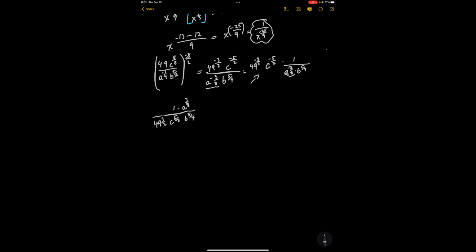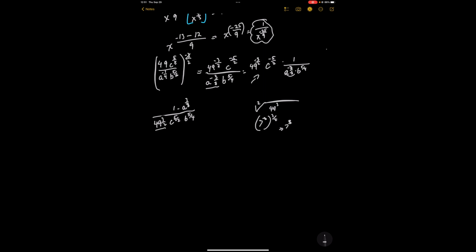Now, what is 49 to the 3 halves? Well, that would be the square root of 49 to the power of 3. And what is the square root of 49 to the power of 3? Well, basically, that's going to be 7 squared to the power of 3 halves, which is 7 to the power of 3.